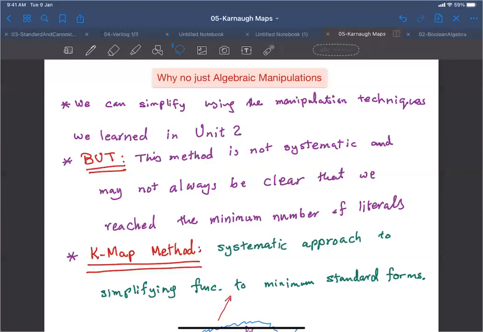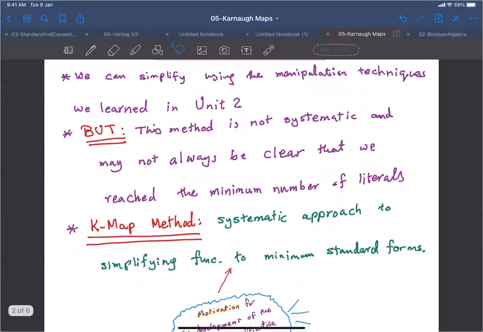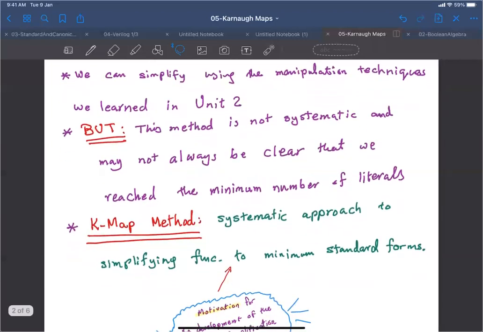So the K-map, on the other hand, is a systematic approach. It's called Carnot map, or for short K-map. The K-map simplification method is a systematic approach to simplifying Boolean functions to minimum standard forms.